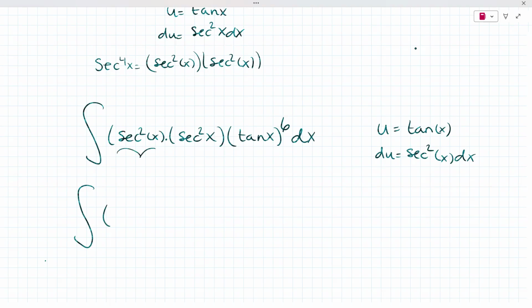I'm going to leave this secant square alone. And then this tan of x, we said that's u to the 6. And then we had an extra secant square x dx right here. Now that becomes du.